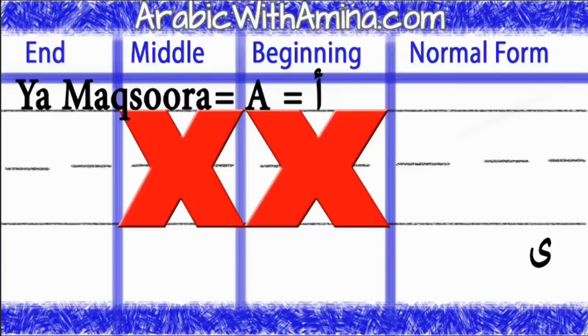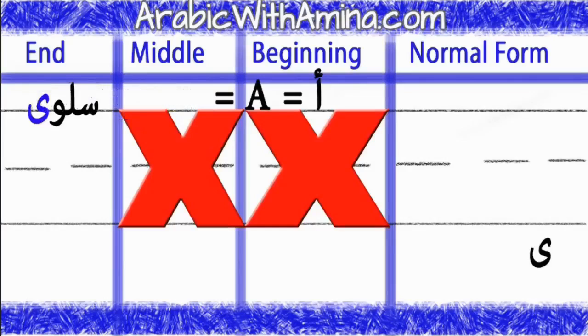And since it doesn't come in the beginning or middle of the word, it cannot be considered a friendly or mean letter, since it only comes at the end of the word and no letters come after it. If it was after a mean letter, you would simply write it as shown above, and if it was after a nice letter, you would connect it to the letter before it.